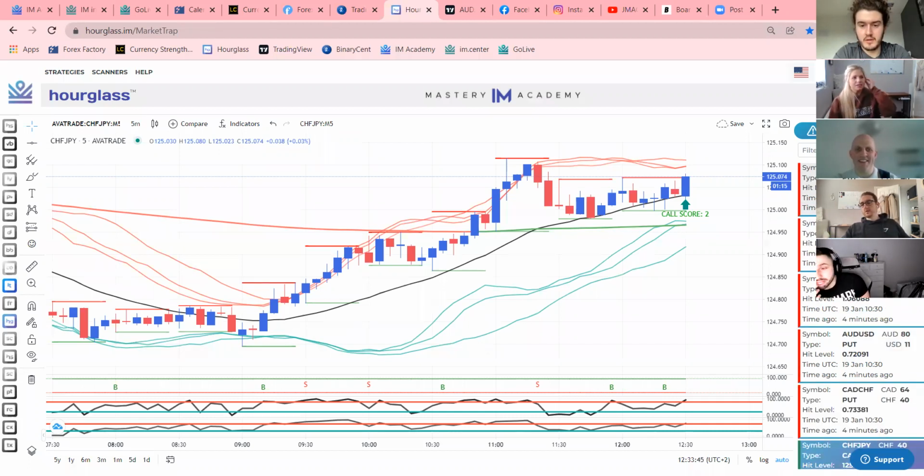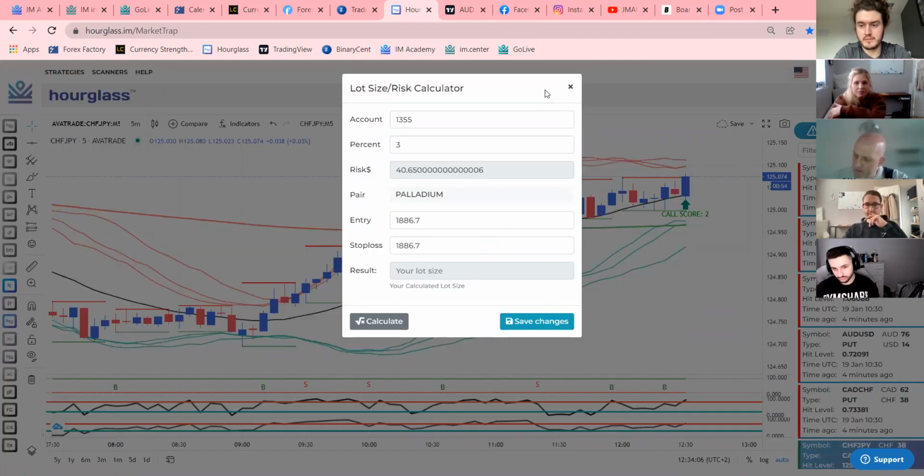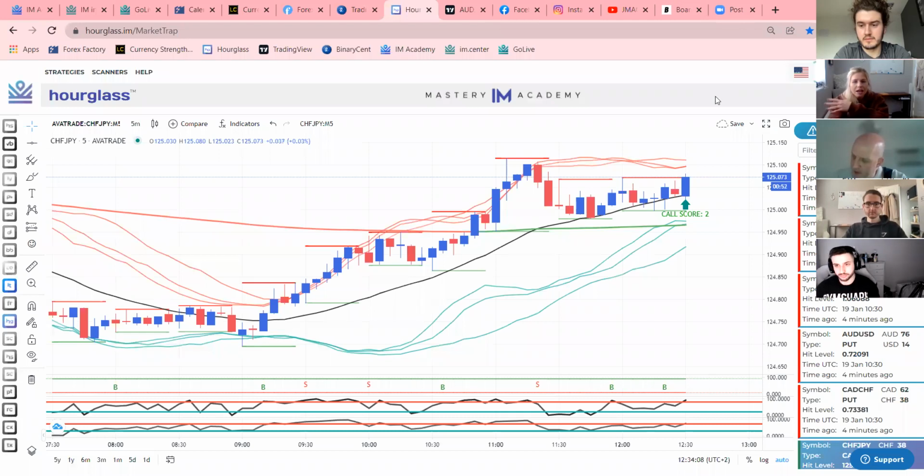When you jump on Dan's sessions, if you're not sure what's going on, never get into a trade on your full risk. If you're not really sure why you're getting into a trade, either don't get in it or get in for like 1% or a £1 trade. If you're not sure what's going on, don't put on your full risk. So check your risk and how much you want to be jumping on the trade.